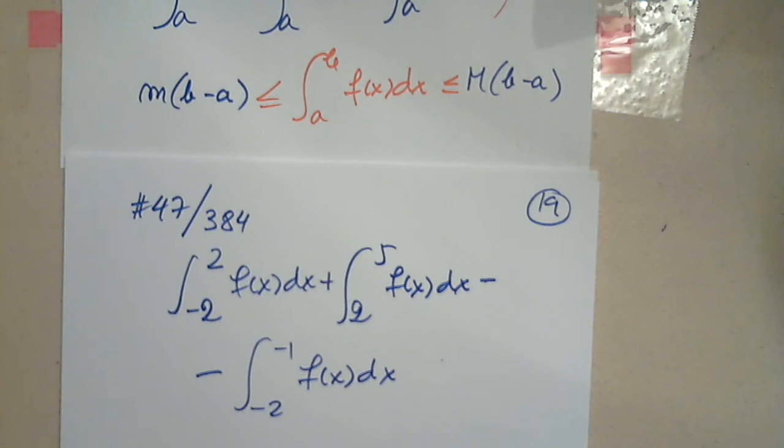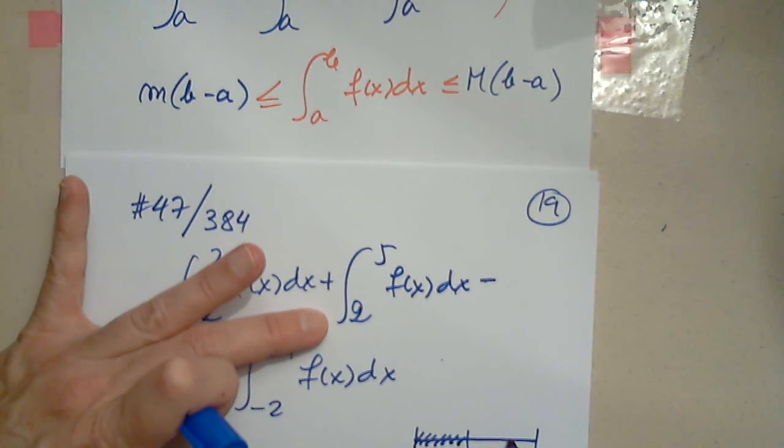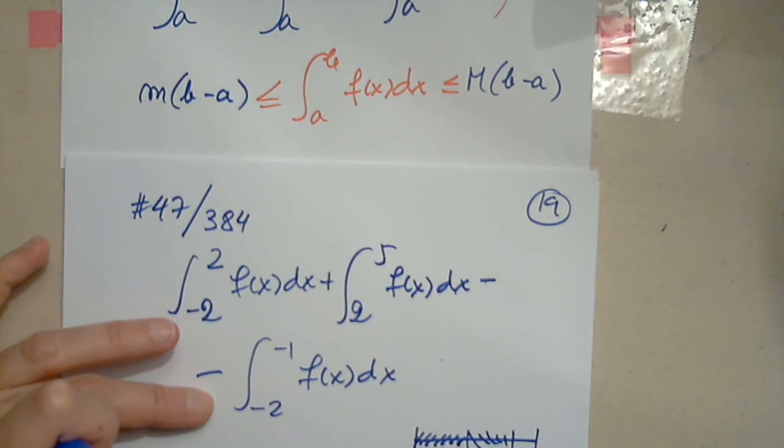So let's take a look at the intervals. So we have from -2 to 2, this is one piece, and then from 2 to 5, that's the second piece. But now they want us to subtract this piece.